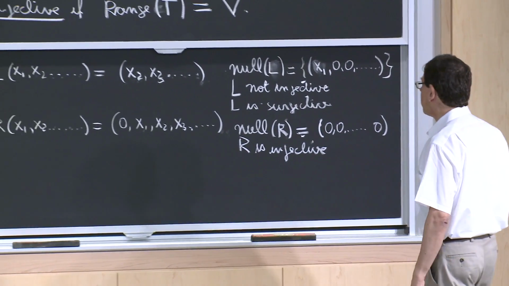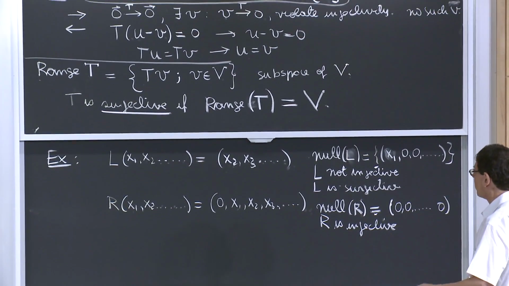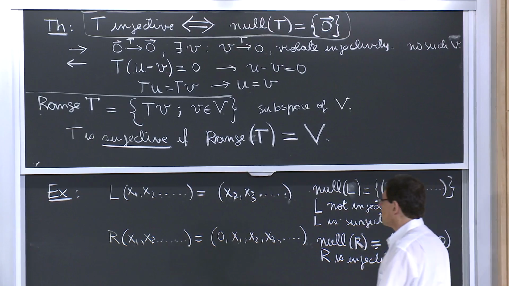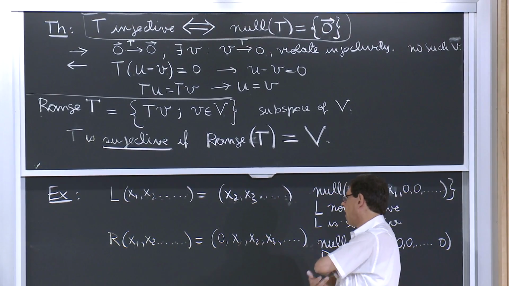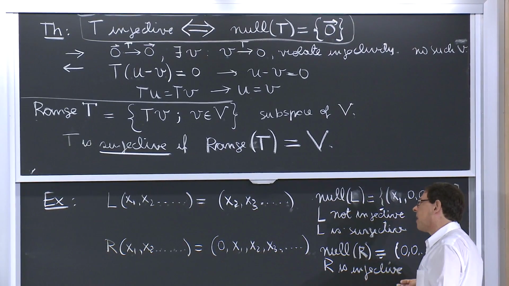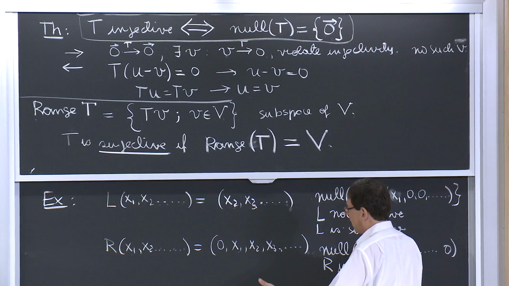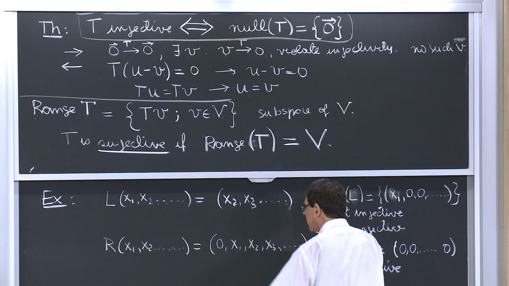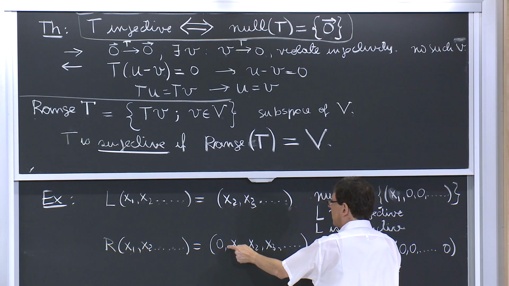And being injective is interesting. We can ask if it is surjective. Is this operator R surjective? It would be surjective if any vector in the vector space can be obtained as an output. But every output has a 0 here.